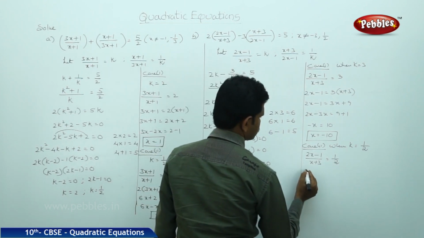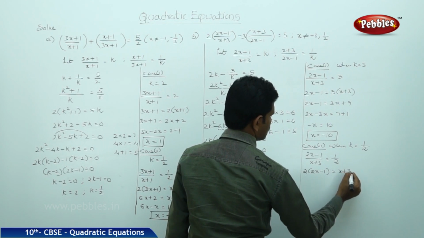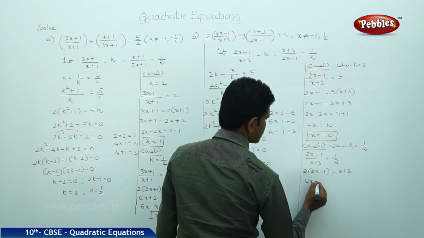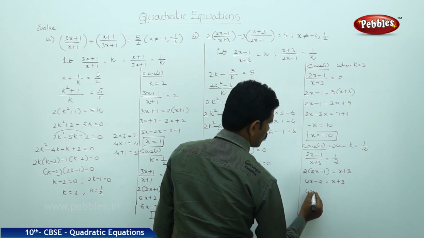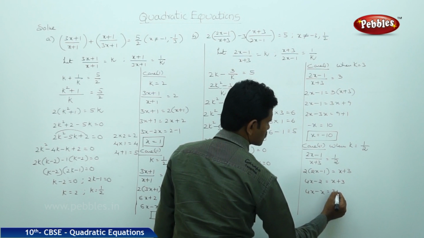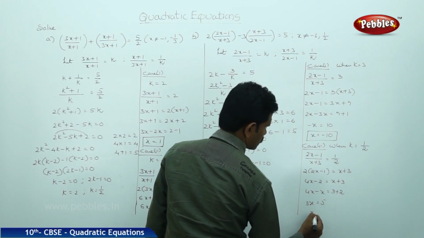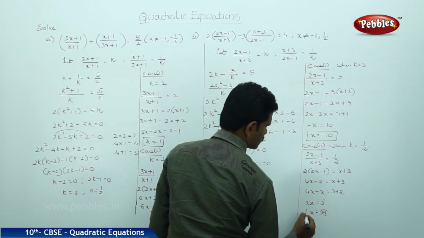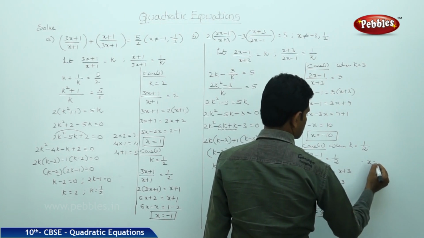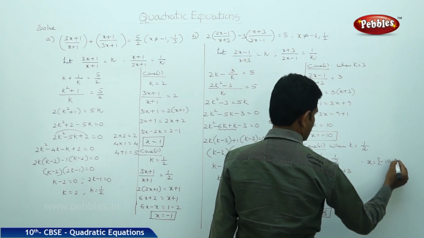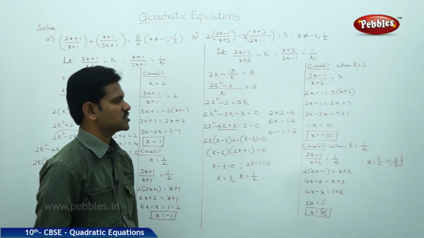Cross multiplication: 2(2x - 1) = x + 3, 4x - 2 = x + 3, 4x - x = 3 + 2. Now 3x = 5, therefore x = 5/3. Therefore x is the set {-10, 5/3}, the solutions of the given equation.